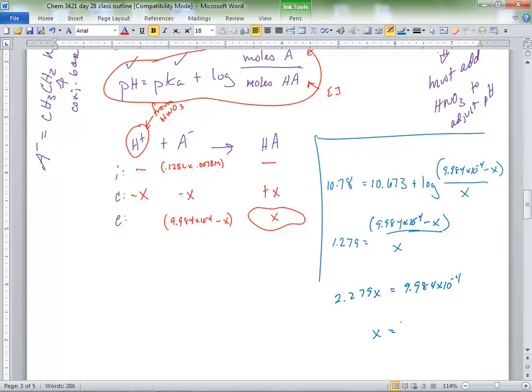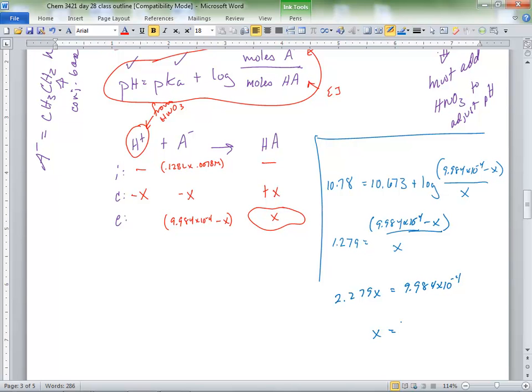See, I have to bring the x over here. Then I have to add x to both sides. So I'm going to pretty much add a 1x to it. That's why I'm thinking you can't drop that x, because it increases this number almost by 100%. So don't drop that.